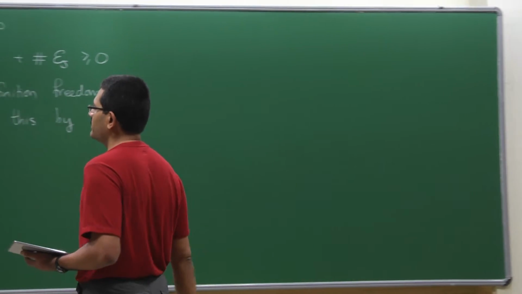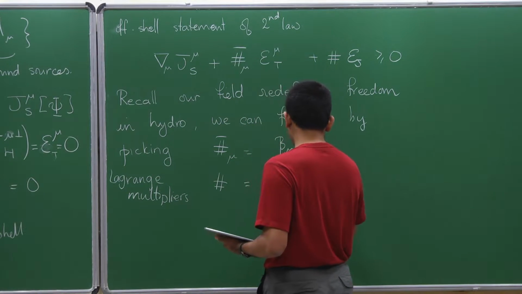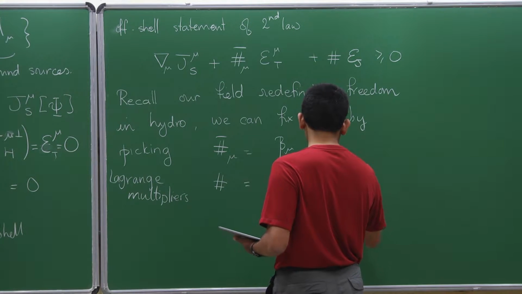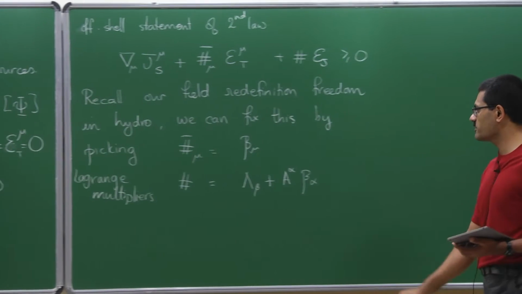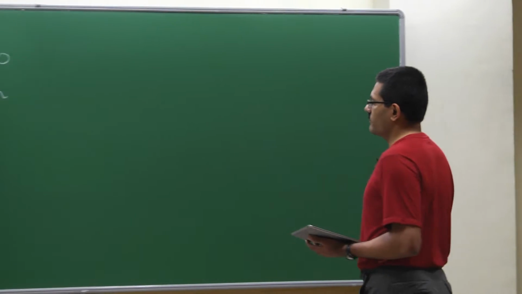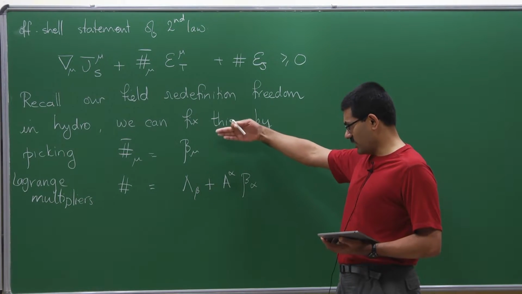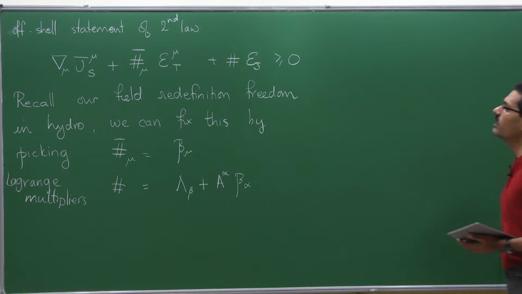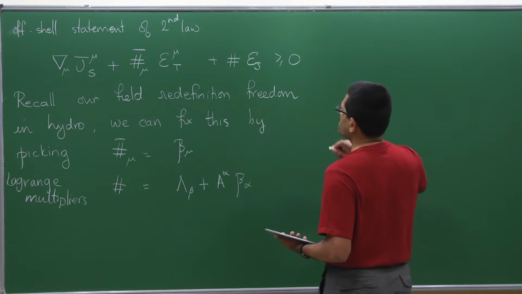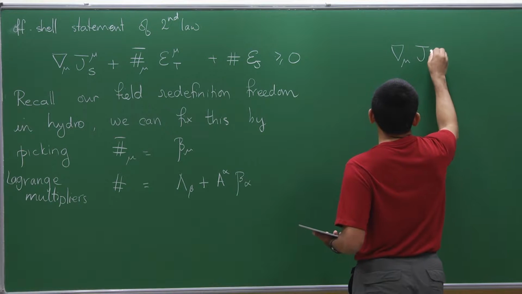The dynamical fields are a vector field beta and a scalar field, but I'm going to pick the combination which gives me back the chemical potential. So the claim I'm making is that there's a canonical choice you can make of fixing the Lagrange multipliers in terms of the physical fields, so that this equation which I sort of conjured up for you can be written completely in terms of the physical data.